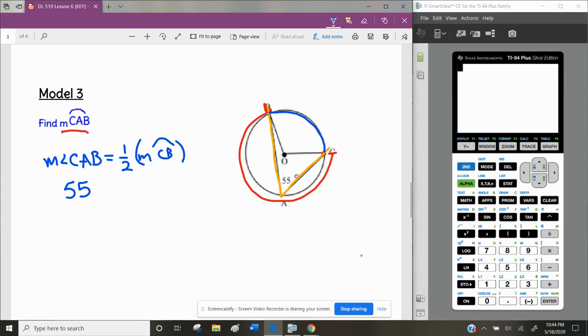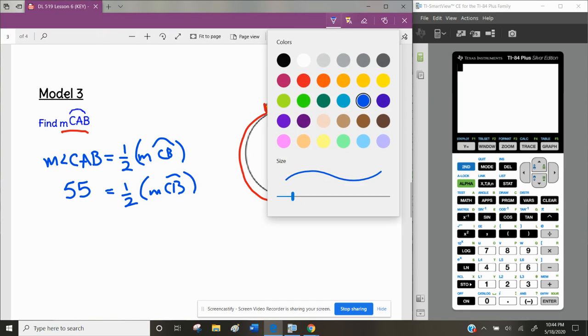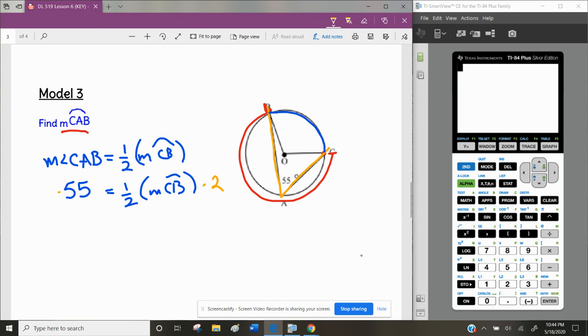So 55 degrees is half of what arc measure? And so we would double both sides. The opposite of multiplying by half is multiplying by 2. And so we would get an arc measure of 110 degrees for BC.